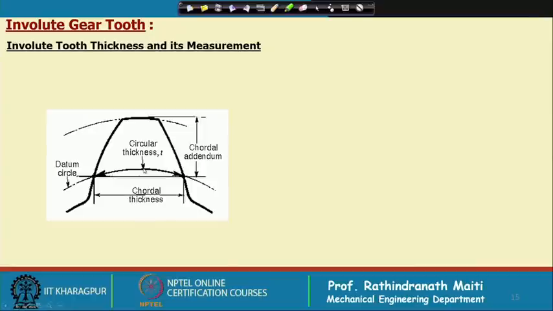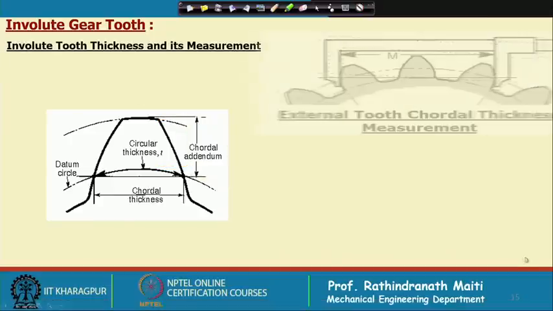This point to here, that means this is called addendum, but the chordal addendum will be more, which is from this line to this line. It can be calculated, that will be shown in the tutorial how this can be calculated.